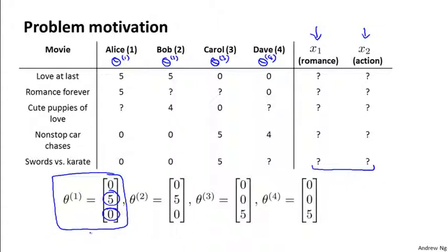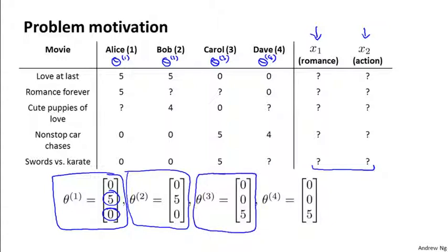And Bob tells us something similar, so we have theta2 over here. Whereas Carol tells us that she really likes action movies, which is why there's a 5 there. That's the multiplier associated with x2. Remember, there's also x0 equals 1. Let's say that Carol tells us she doesn't like romantic movies, and so on.